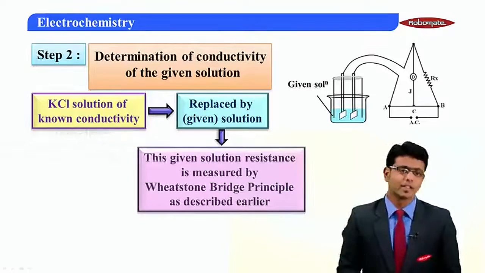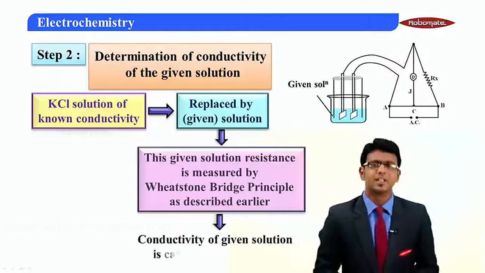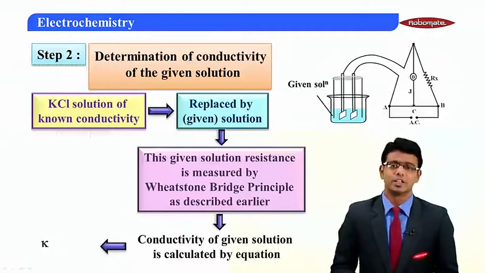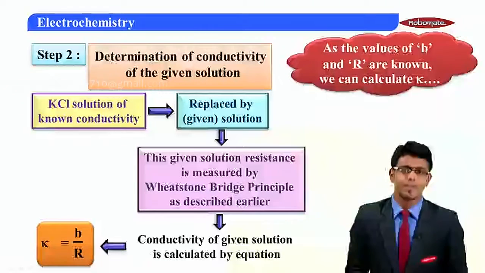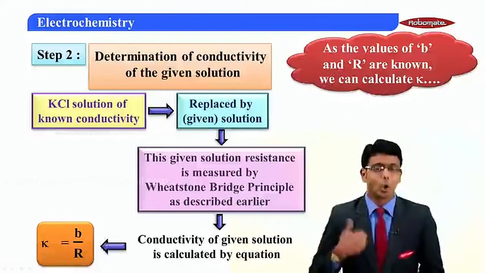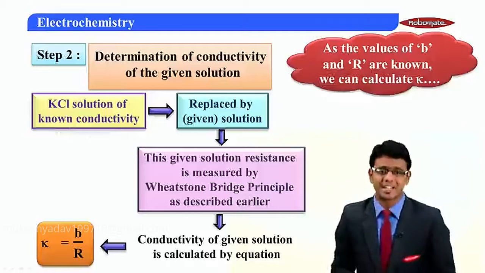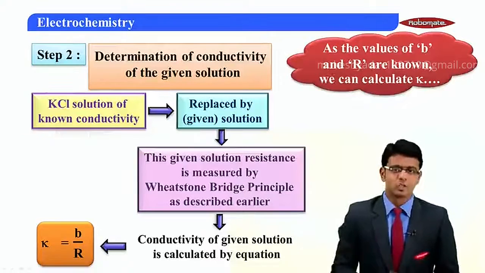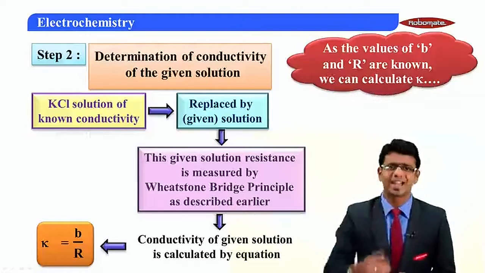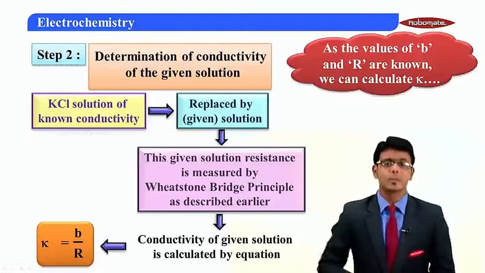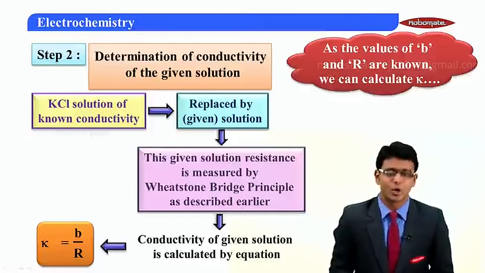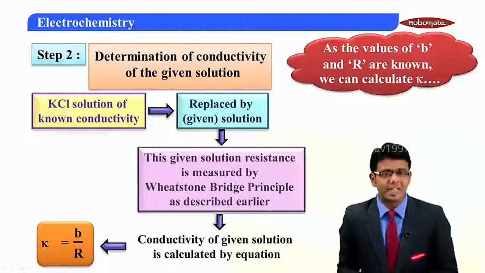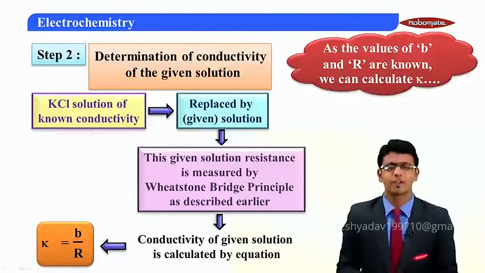So we determine the resistance of this solution. The conductivity of the given solution is then calculated by the equation K is equal to B upon R. We already know the value of B, that is the cell constant, and the resistance we can determine for this particular solution. So considering these two values, B and R, we can determine the value of conductivity of the unknown solution. I hope students you got a clear idea with respect to measurement of conductivity.